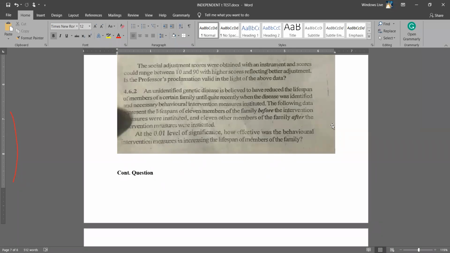Hence, you are supposed to use independent t-test. And you know what they were measuring? Lifespan, years. And when it comes to years, it's on ratio scale. So hence, you are supposed to use independent t-test.